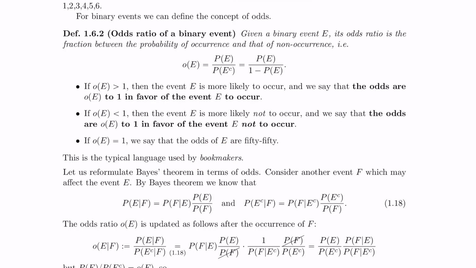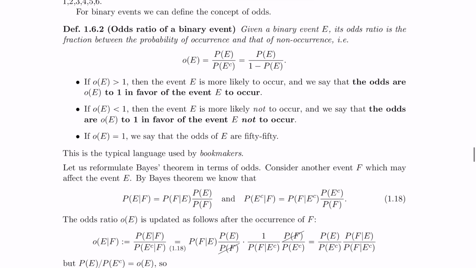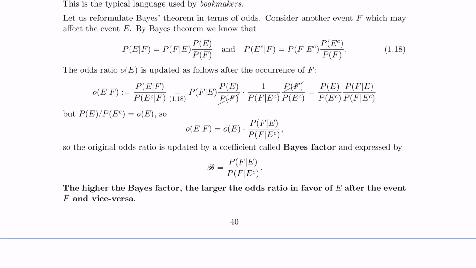Now let's use Bayes' theorem in order to reformulate the concept of odds ratio. Consider another event F which may affect the event E, and then write the Bayes' theorem for E and its complementary. After the occurrence of the event F, the odds ratio O of E is updated as follows.